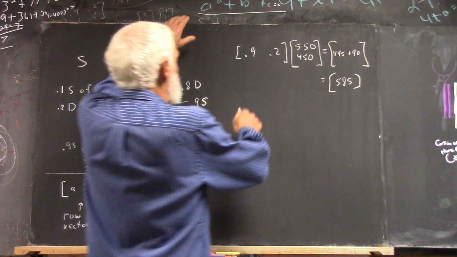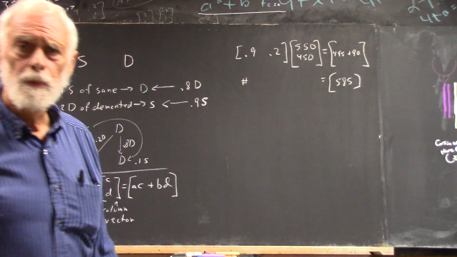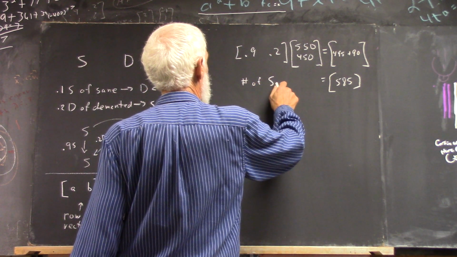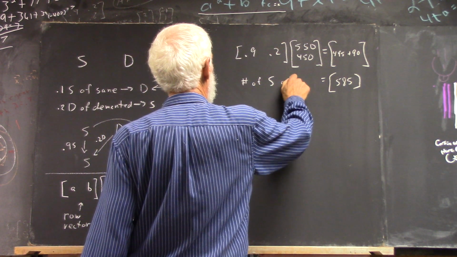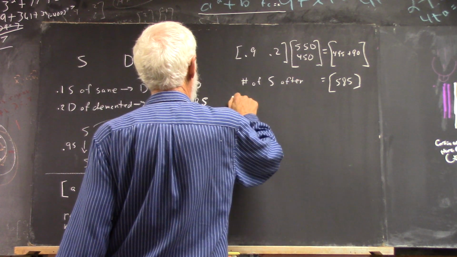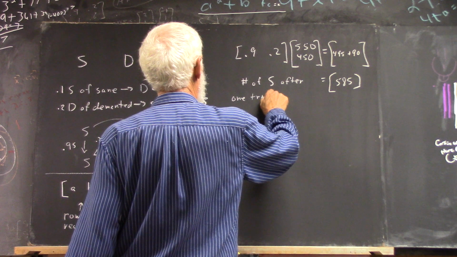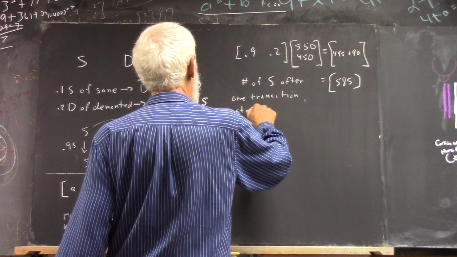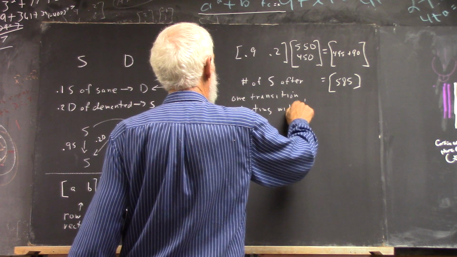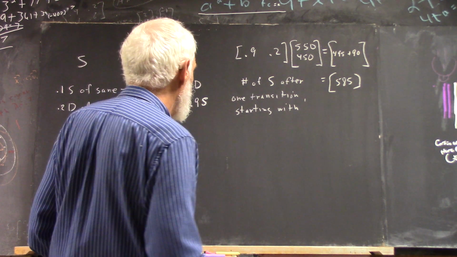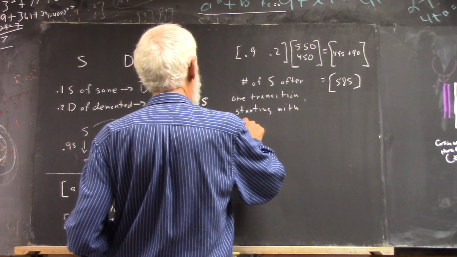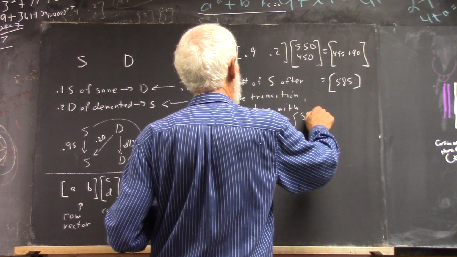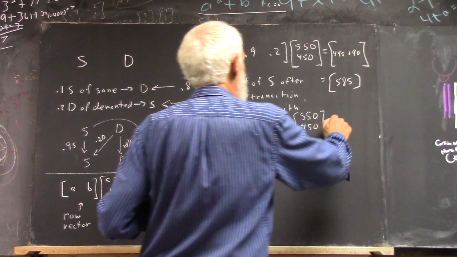This is the number sane after one transition, starting with the population vector, 550, 450.